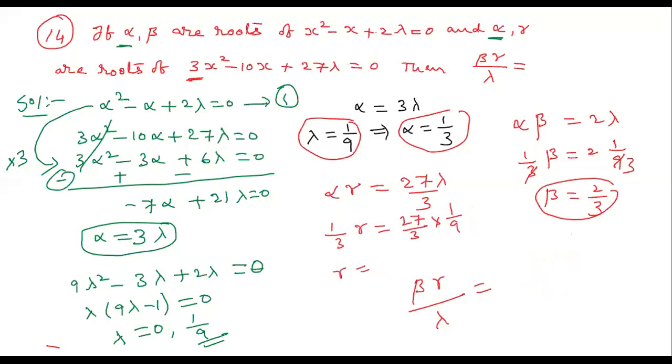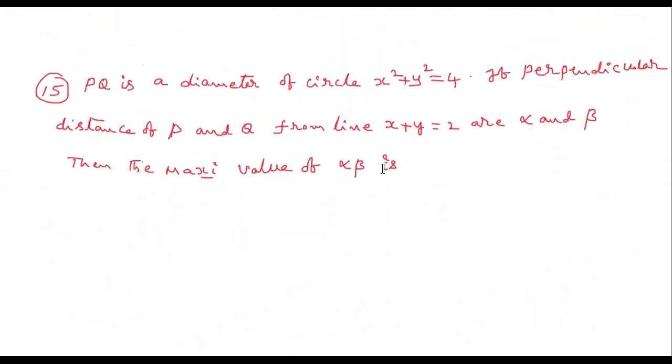Finally, we get gamma value is 3. Now substitute here 2 by 3 into 3, lambda value is 1 by 9. So overall answer is 18. So this is also a little bit lengthy question, but easy only. Go to the next question.